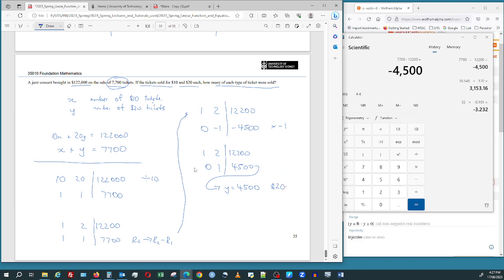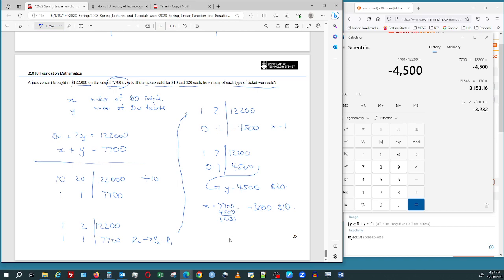So to get the number of X tickets, we just take X is equal to 7,700 minus 4,500, which is 3,200. So there were 3,200 tickets sold for $10.